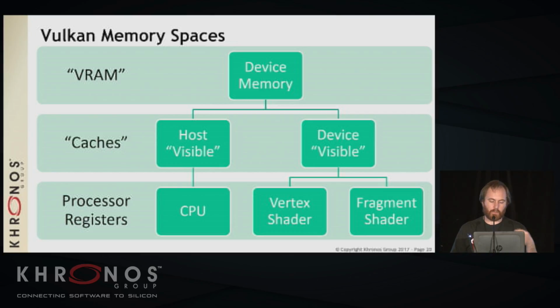These are typically what pipeline barriers and events, most of the fine-grained synchronization I'll be talking about, will operate on. And at the very bottom, you've got the processor registers. So you've got your CPU registers, your vertex shader has its own register space, your fragment shader has its own register space. It is probably worth pointing out the device memory is actually way more complicated than a single block, but for the purposes of this presentation, I'll just treat it roughly as such.